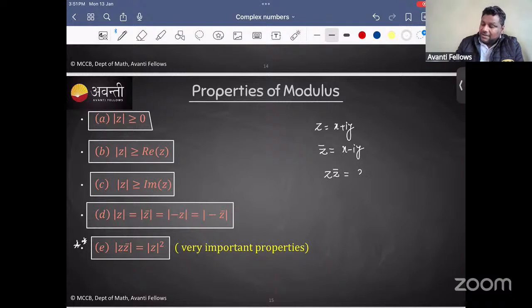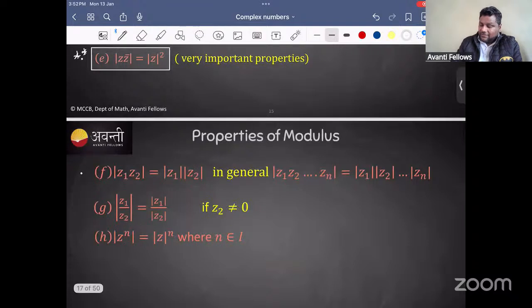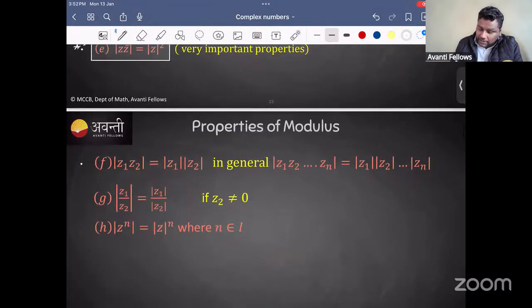So z z bar is x plus iota y into x minus iota y, that is x square plus y square. Am I clear? Now, this property of modulus, I will explain with the properties of argument. Understood?